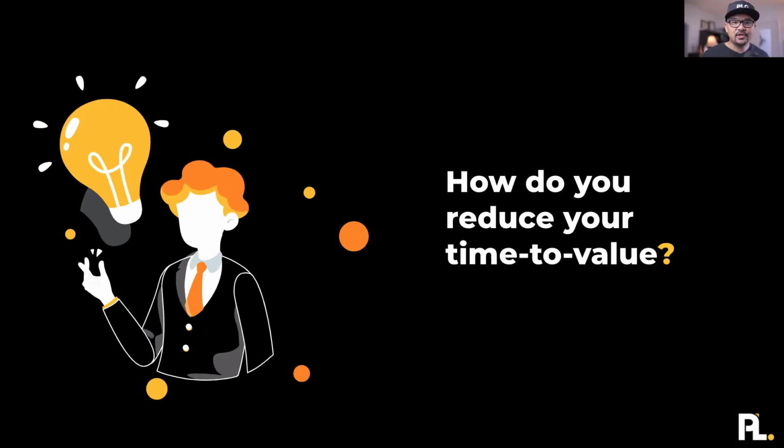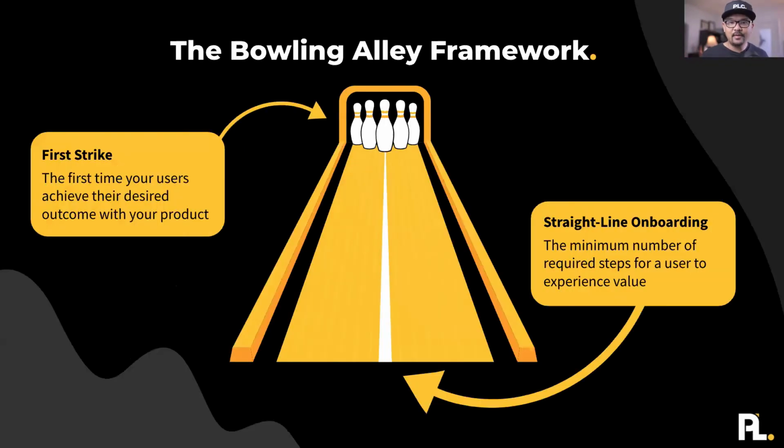There's this thing that I want to share with you very briefly, the framework that Wes Bush and I have created at ProductLed called the Bowling Alley Framework. In a bowling game, what you want to do is knock down all 10 pins. In onboarding, this strike, when you knock down all 10 pins, is when users experience the value of your product for the first time.